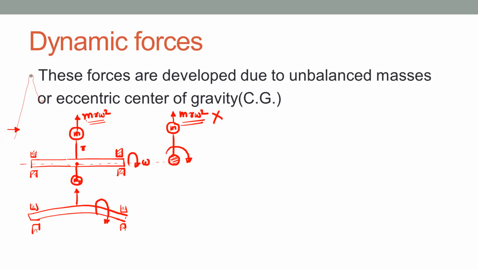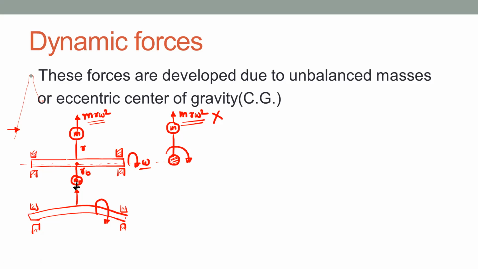So we need to cancel out this force mr omega square. We are adding the counter mass, called the balancing mass, at some radius rb. Both the masses are connected to the same shaft, so they will rotate with the same velocity omega.